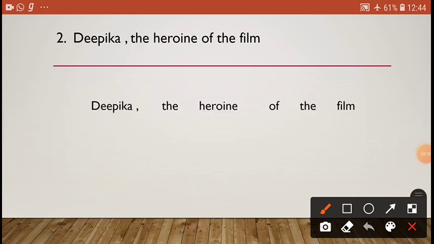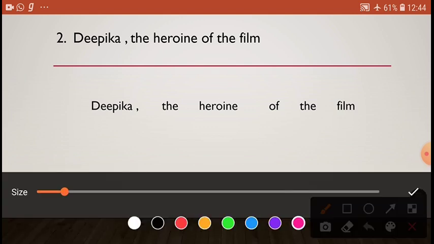Now, let us understand the analysis of the second phrase, Deepika, the heroine of the film. So, let us start the analysis. Can you tell me which word is important in this phrase? The phrase is talking about Deepika, right?